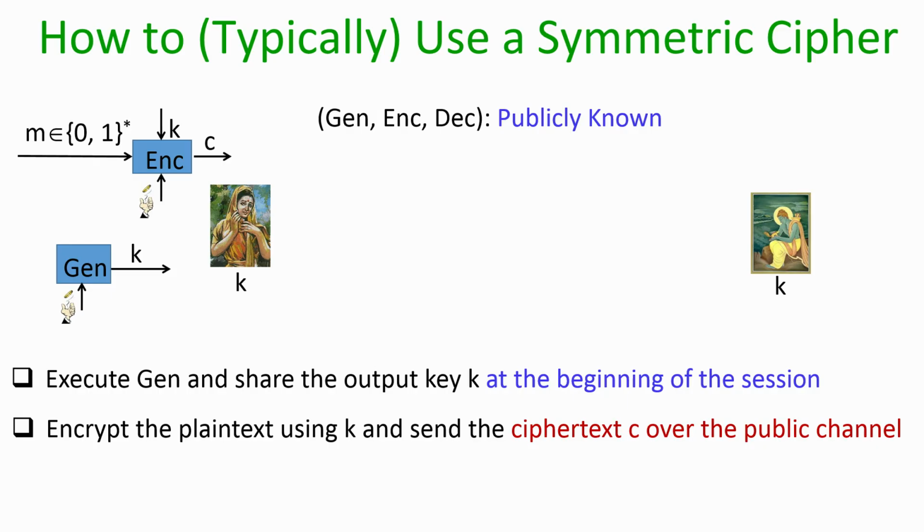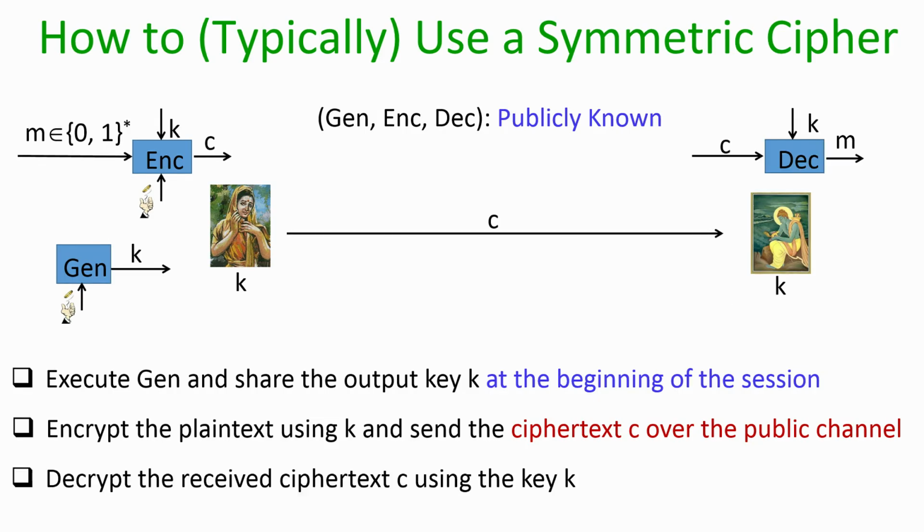Now, once the key is agreed upon, every time the sender wants to encrypt a plaintext m using this key, it is going to run the encryption algorithm to produce the ciphertext, and the ciphertext will be communicated over the public channel through which the sender communicates to the receiver. And as and when the receiver receives the ciphertext, the receiver will know what encryption process has been used by the sender.